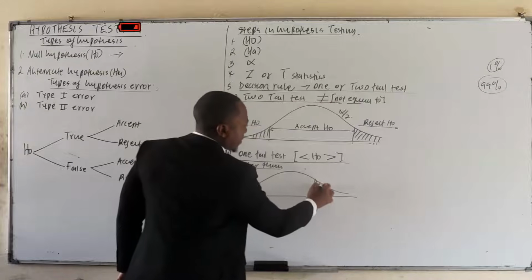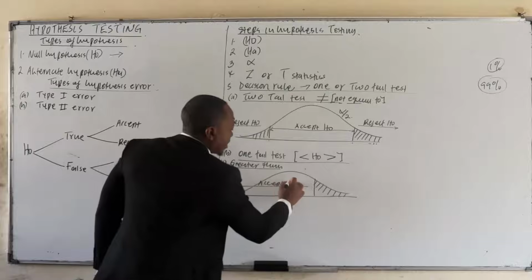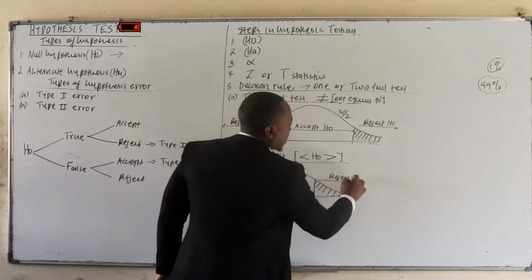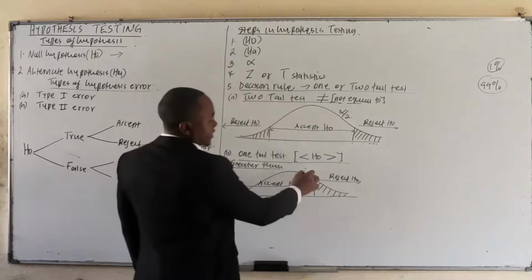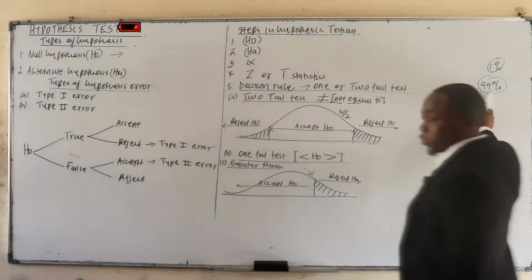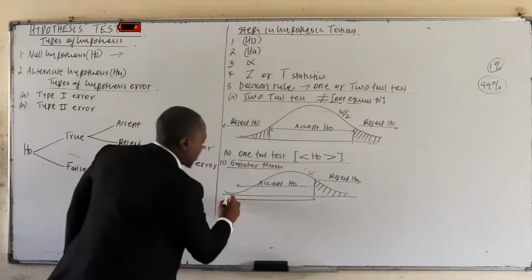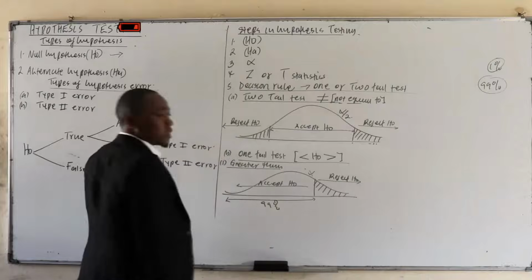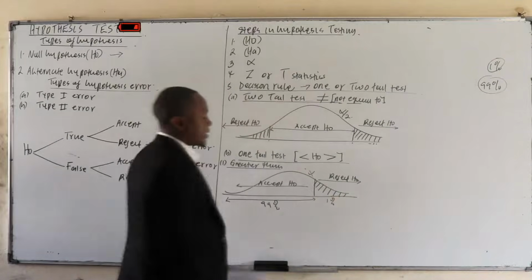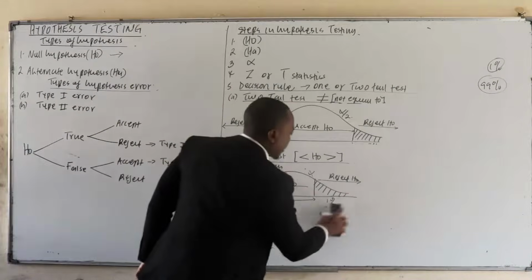Here you accept the null hypothesis, and here you reject the null hypothesis. In this case, you just take the alpha. If you wanted to be 99% sure, the remaining part, the margin of error, will be 1%. But for a two-tail test, you divide it by 2.